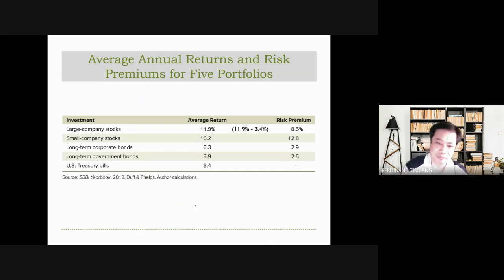Dow Jones. And then we have the small company stocks. So he took the lower 20% of the New York Stock Exchange naman. And then you have the long-term corporate bonds, the long-term government bonds, and then you have the US Treasury bills, no?